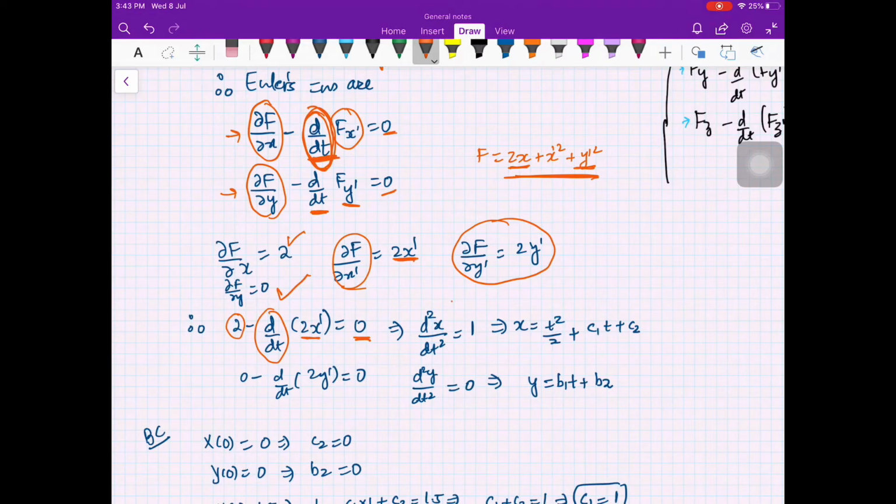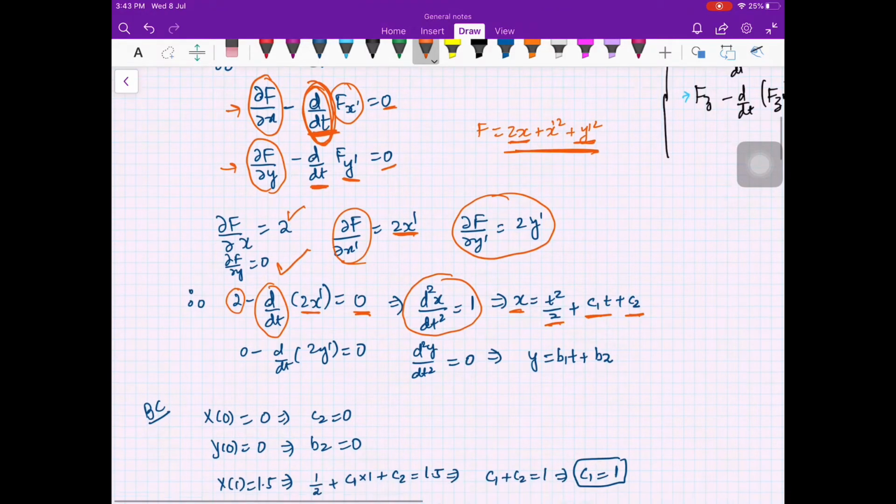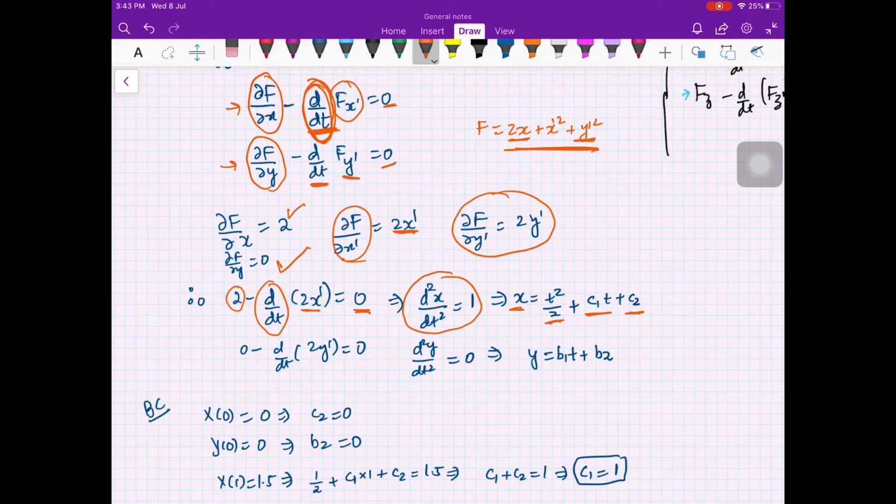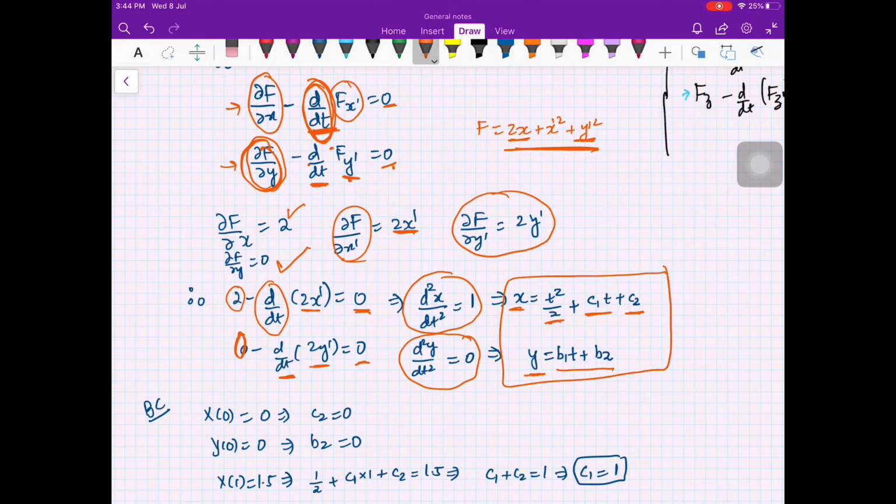That gives you d2x by dt2 equal to 1, which gives x equal to t square by 2 plus c1 t plus c2. The second one, f y minus d by dt of f y dash equal to 0, gives 0 minus d by dt of 2y dash equal to 0. So you will get d2y by dt2 equal to 0, which gives y equal to b1 t plus b2. So this is your solution.